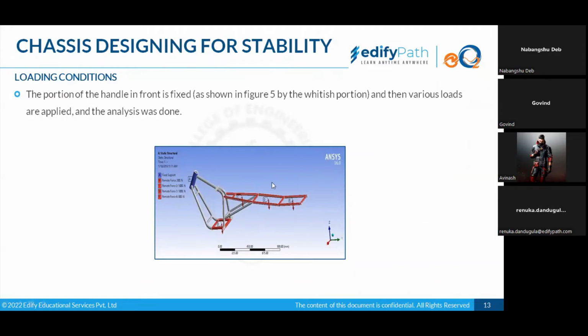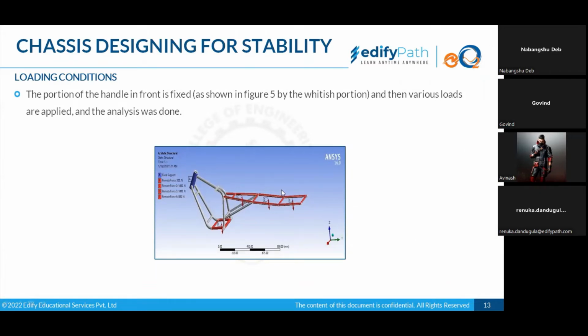So accordingly, say I am designing my chassis for a loading of 150 kgs with driver, I would be putting stress on C, D, E, and changing different loads to find out where I will get stress and at what level.